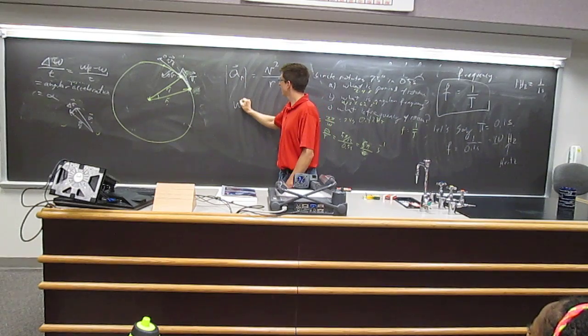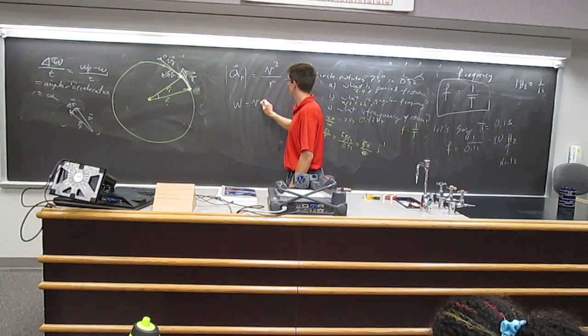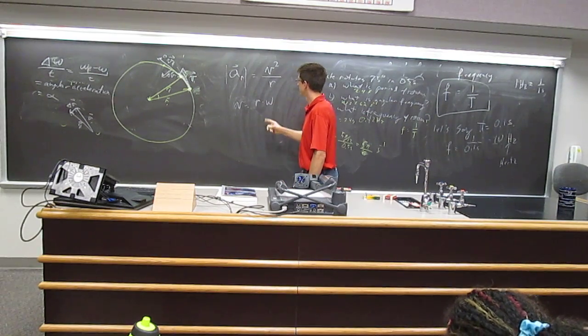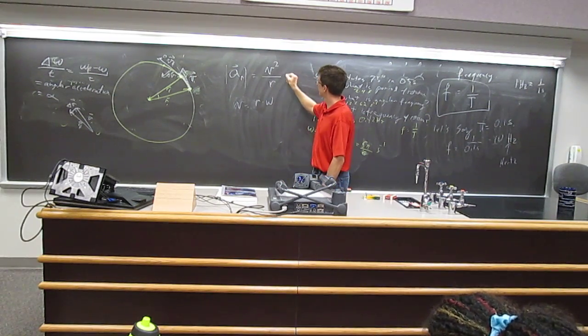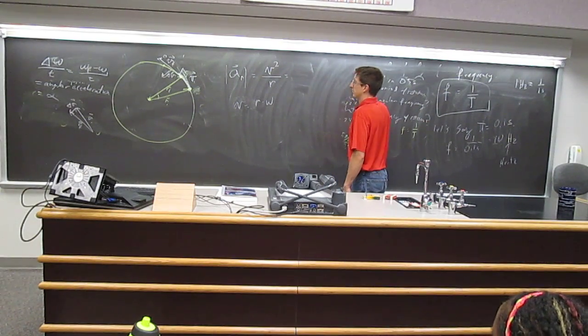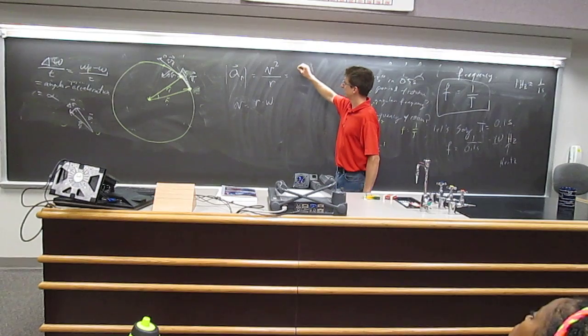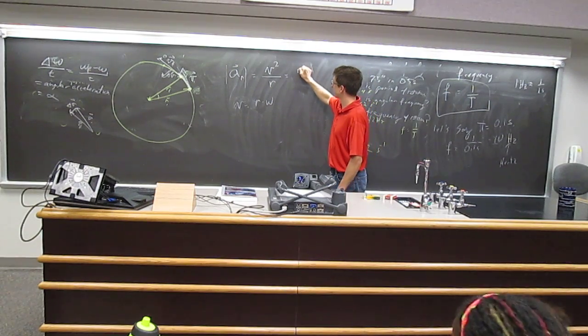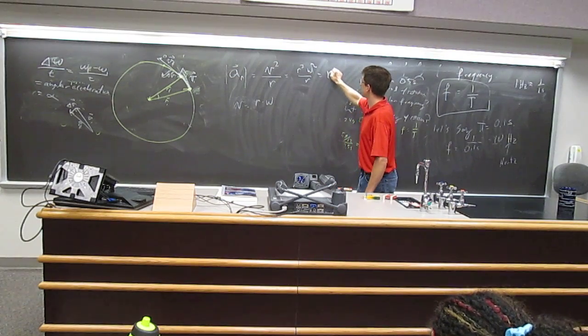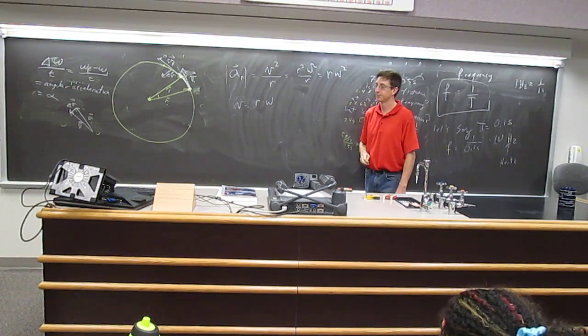Or because v is equal to r times omega, if I put that into here, I would see that this could be written as r squared omega squared over r, which is r omega squared.